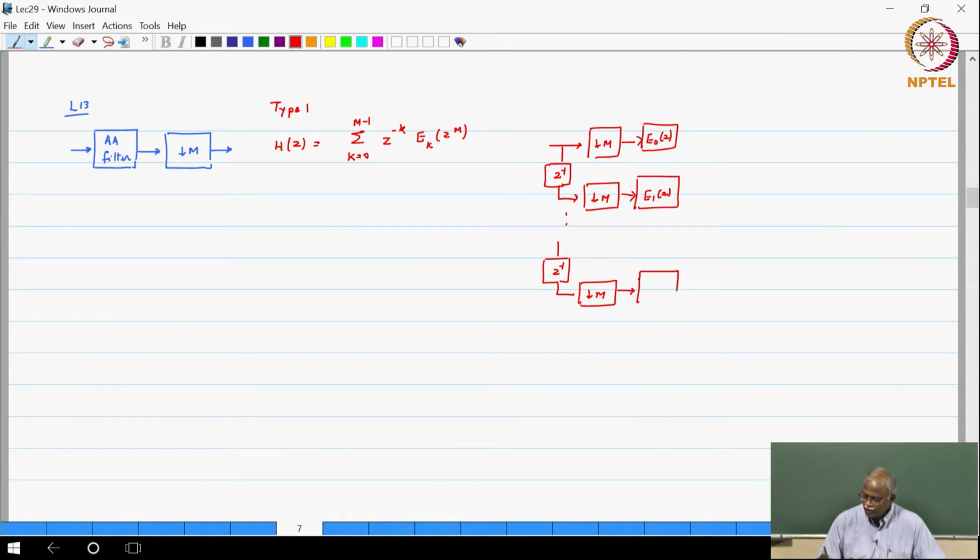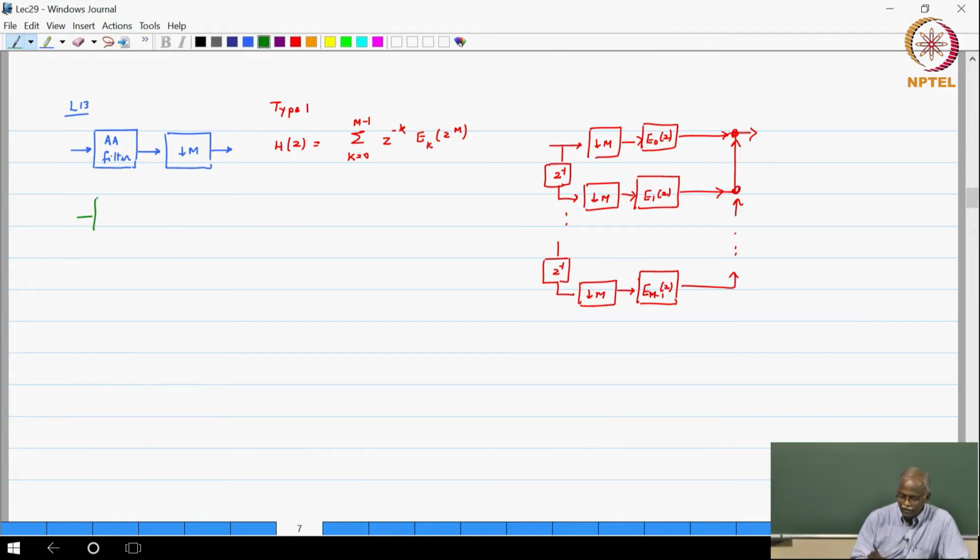This would be E M minus 1 of z, and all these outputs get added together. Okay. So, that would be the way you would take advantage.